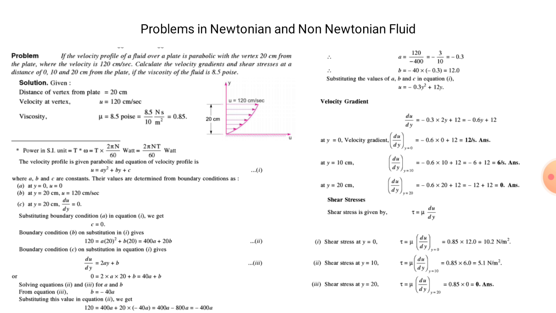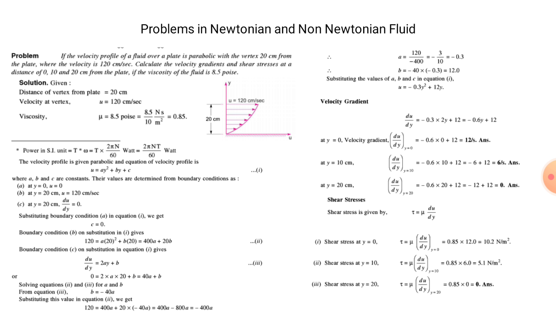Substitute the boundary condition A in equation 1, we get c is equal to 0, because at y is equal to 0, u is equal to 0. Substituting in equation 1, u is equal to a y square plus b y plus c, you substitute the value y is equal to 0 and u is equal to 0. So, therefore, c is equal to 0.